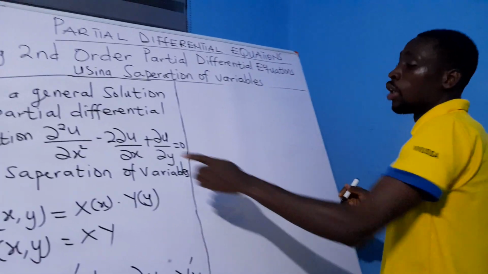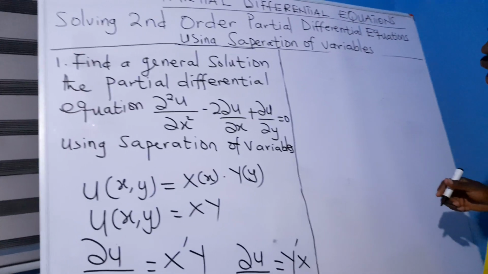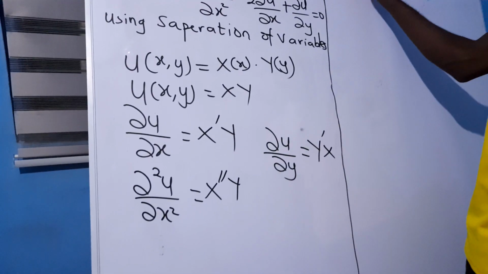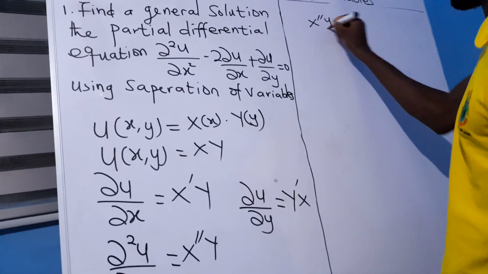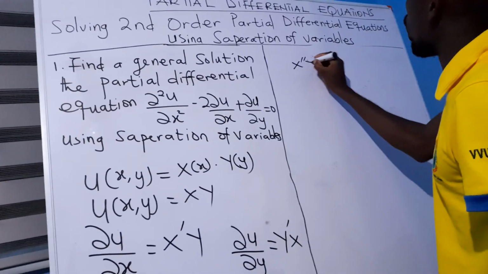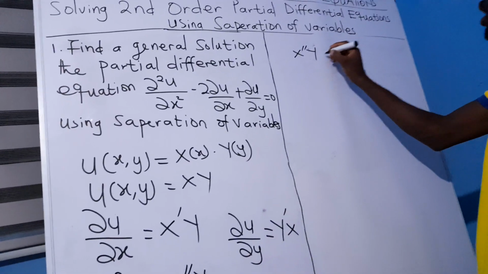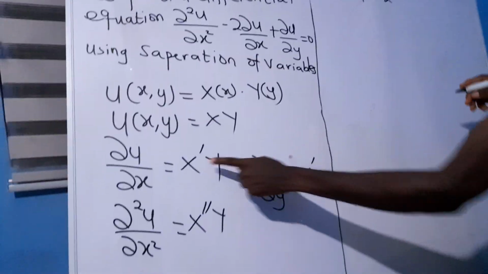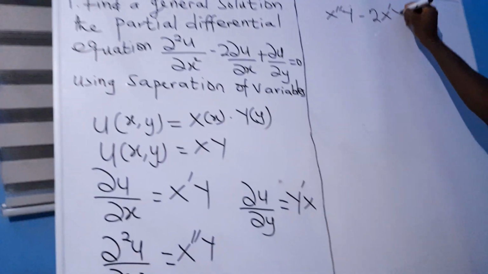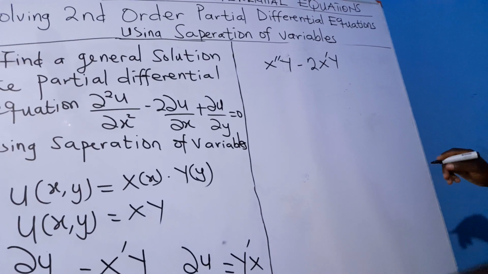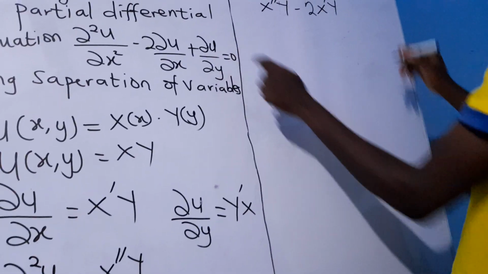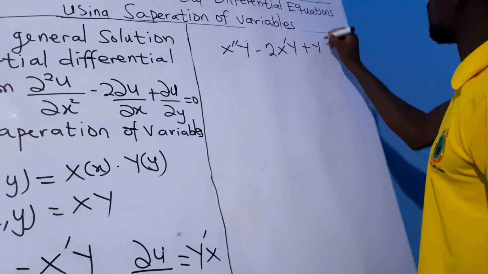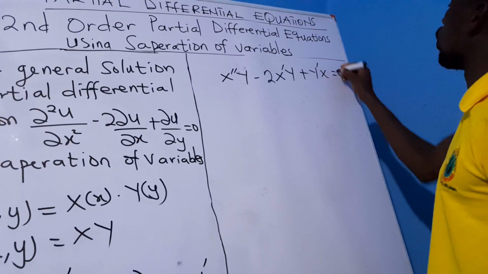So in place of del square u over del x square, we put x prime prime y. Minus 2, our del u over del x is x prime y. Then plus y prime x equal to 0.